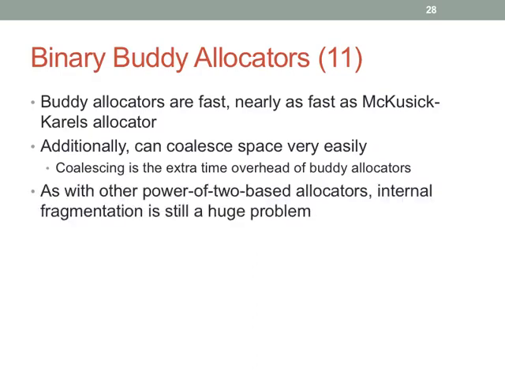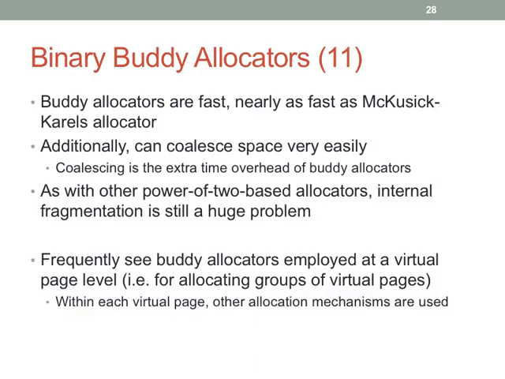Internal fragmentation, still terrible. So here's how people often use them. They will use buddy allocators for managing pages, whole pages. They won't actually use them on smaller allocations below a page size. Or maybe they'll use them for 4 pages or things like that.